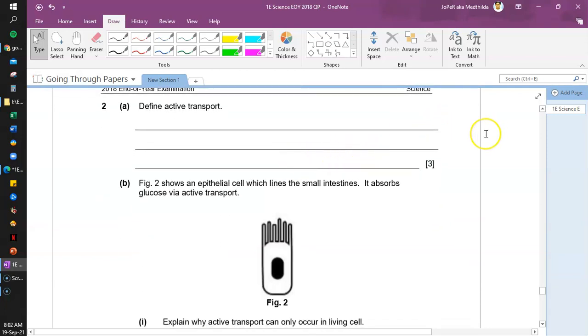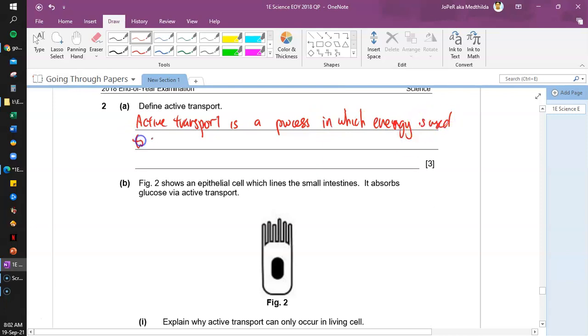Define active transport. This is a definition question. You can just copy it down from your notes, but I'm going to write it all down here. Active transport is a process in which energy is used. With active transport, definitely energy is used.